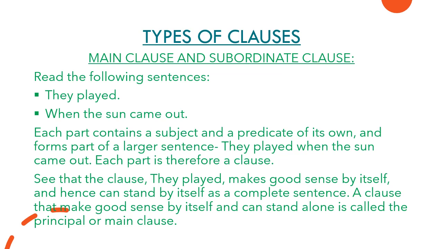They played. That makes good sense by itself. It's a complete sentence by itself. So that sentence which can stand alone is called the principal or the main clause, which is not dependent on anyone. They played. That is making a complete meaning. That's a complete sentence, right? So that is the main clause. Clear to everyone? Moving to subordinate clause.